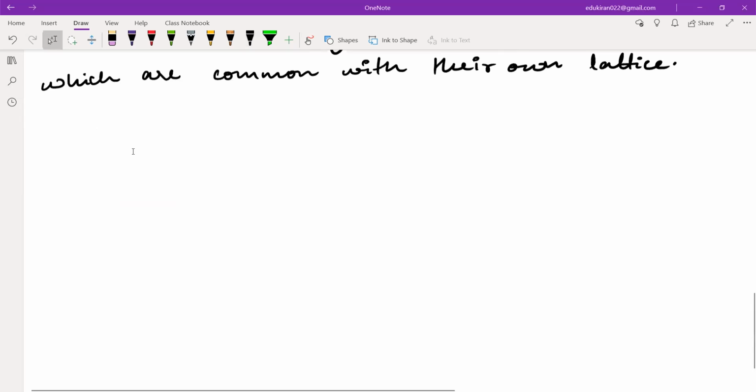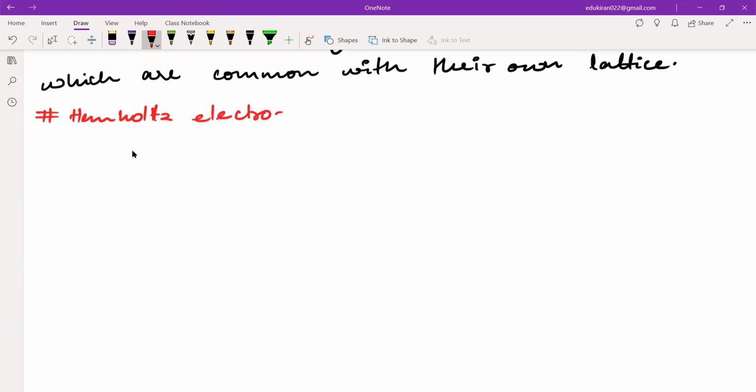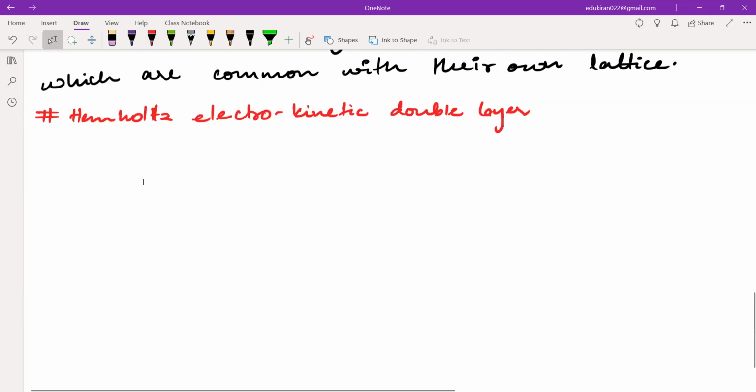So as I was saying, let me write this topic here first of all: Helmholtz electrokinetic double layer.